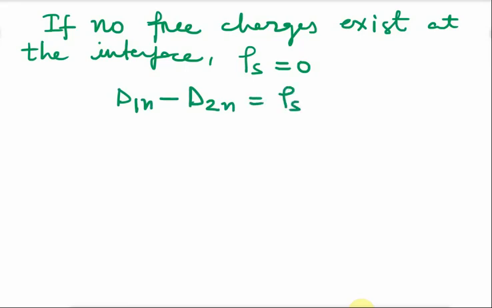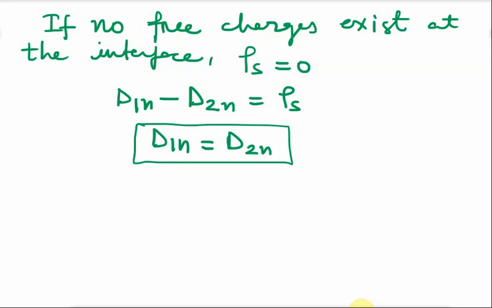Now this rho s is 0, so D1n equals D2n. Let us consider this as equation 6.